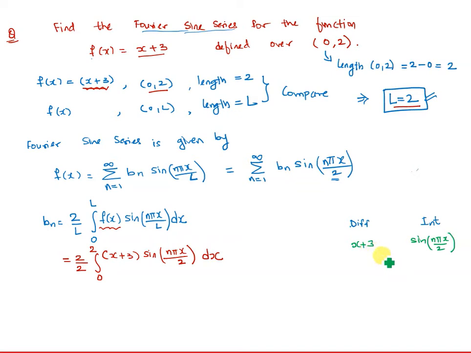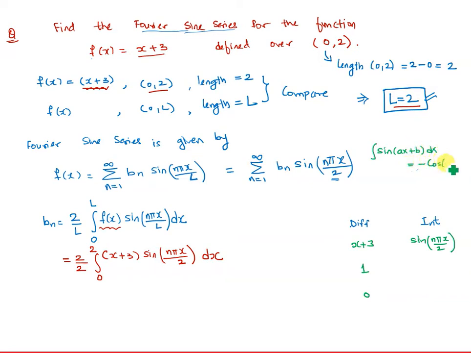Derivative of x plus 3. This is 1. Derivative of x is 1, derivative of 3 is 0. Derivative of 1 becomes 0. Now comes the concept of integrating sine n pi x over 2. For integration we are using the formula: if it is sine of ax plus b dx, what we do?